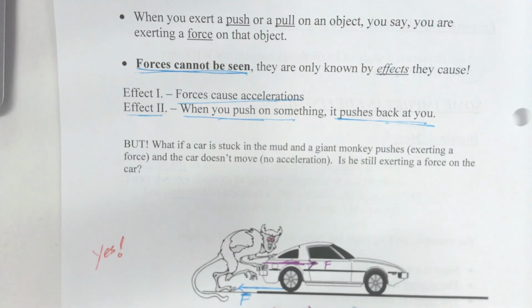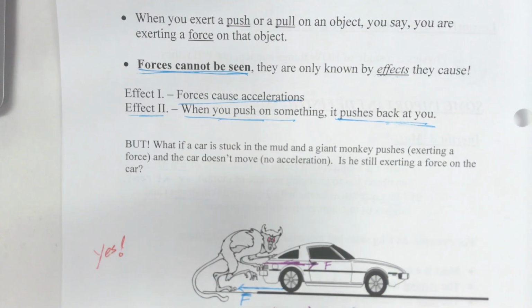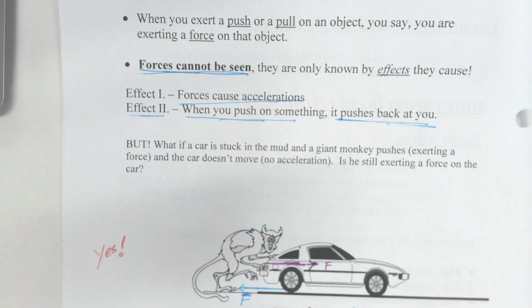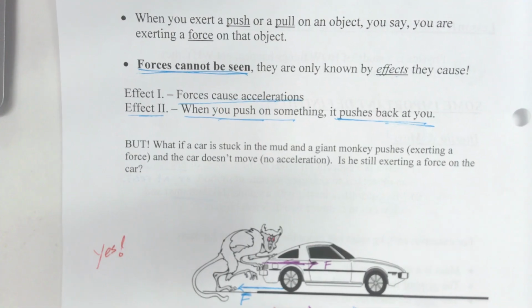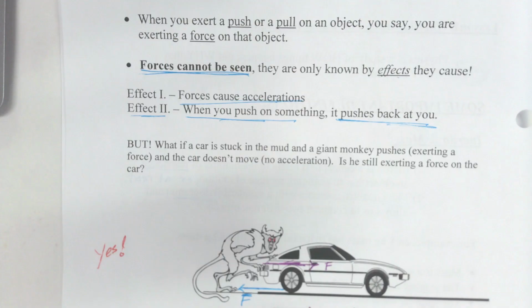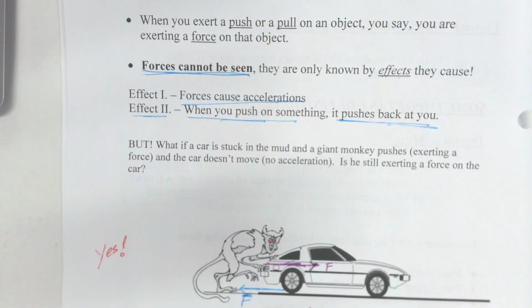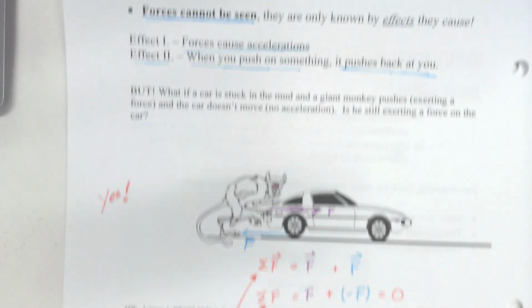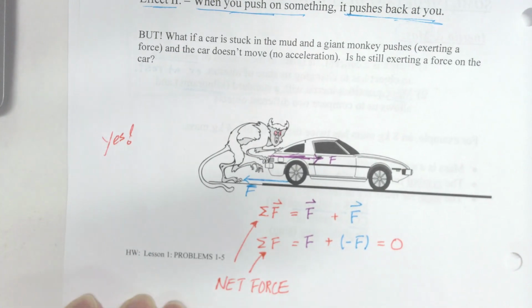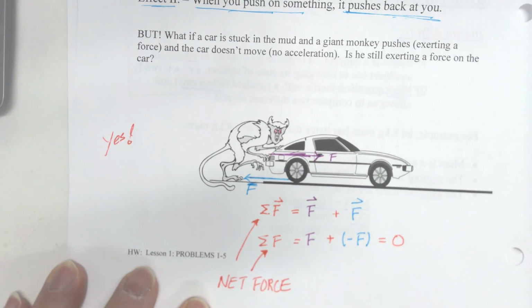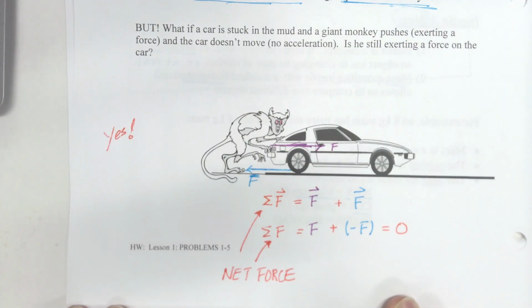So this net force is what's really causing the acceleration. So if my net force goes to 0, I cannot have any acceleration. So net force is basically the sum of all forces.